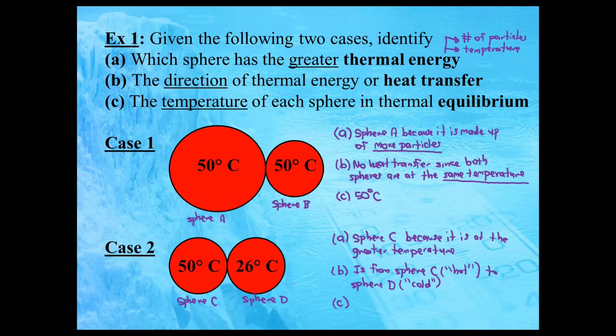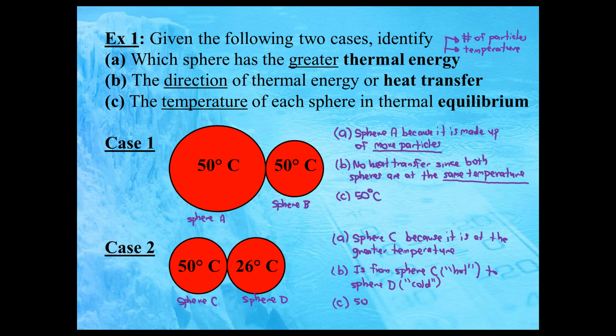Okay, C, what is the equilibrium temperature? Now, I really can only do this calculation if my two objects are made of the same material and they are the exact same size. If I can do that, the way I can figure out the equilibrium temperature is it's pretty much just a midpoint between the temperature values that you see. So how do we calculate a midpoint or an average? We can take these two numbers.